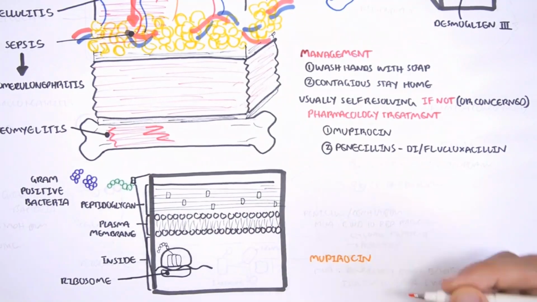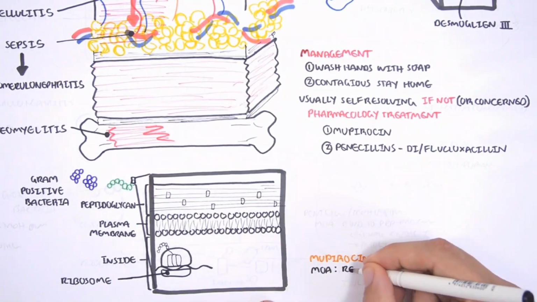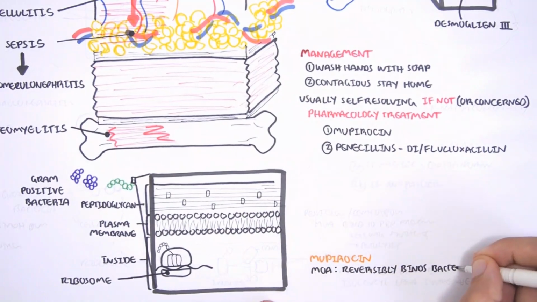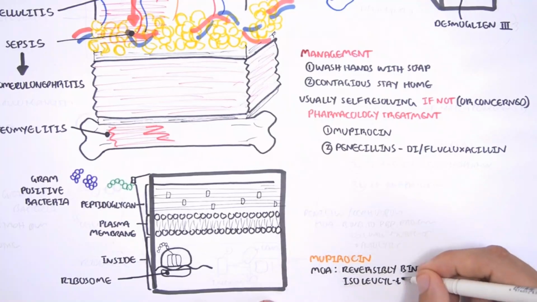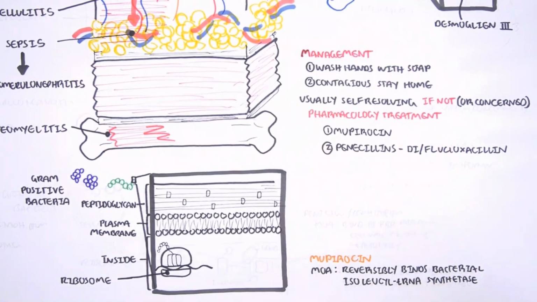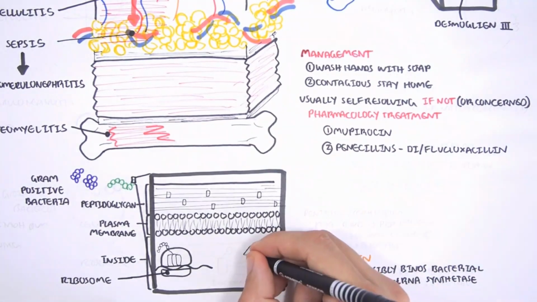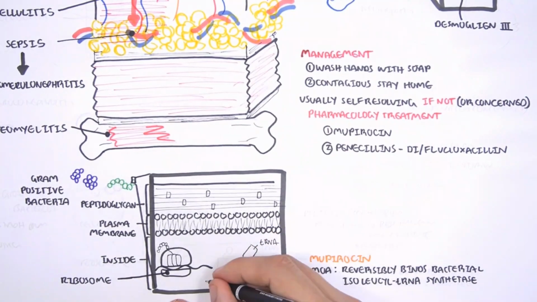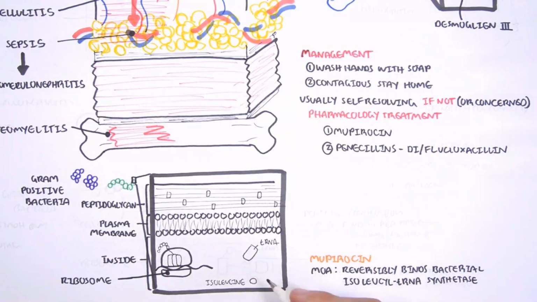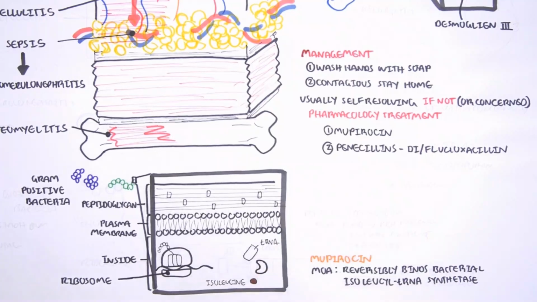Mupirocin works by reversibly inhibiting bacterial isoleucine tRNA synthetase. What does this mean? Well, tRNA normally attaches to amino acids, such as in this case isoleucine. It can attach with the help of an enzyme, in this case isoleucine tRNA synthetase.